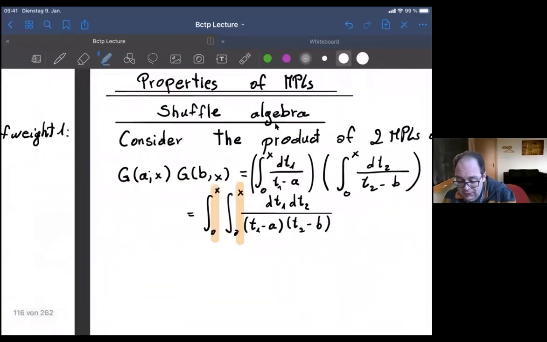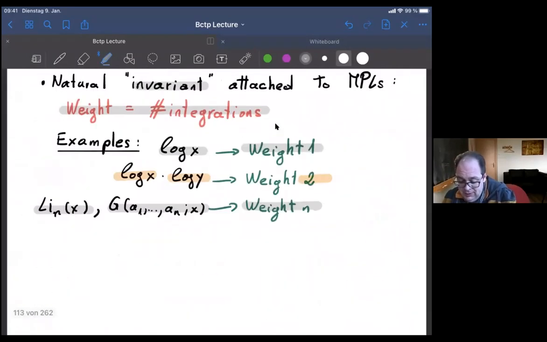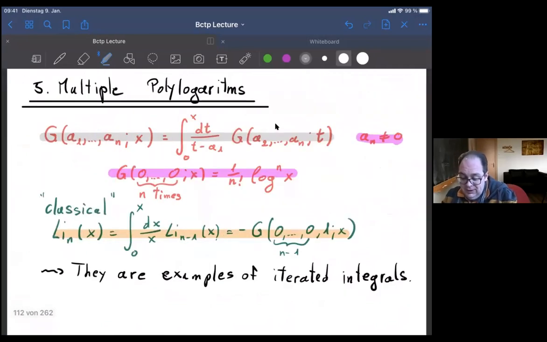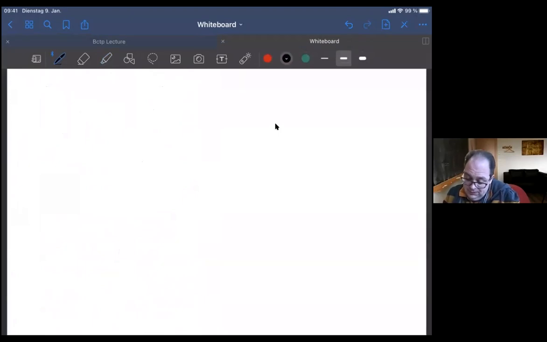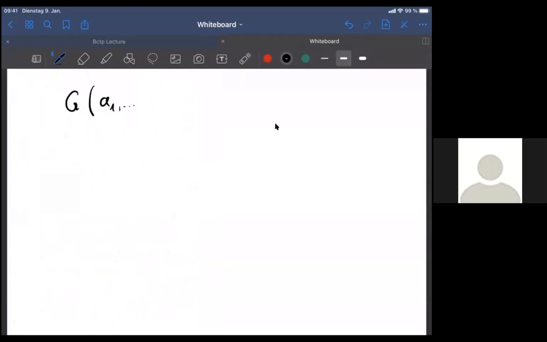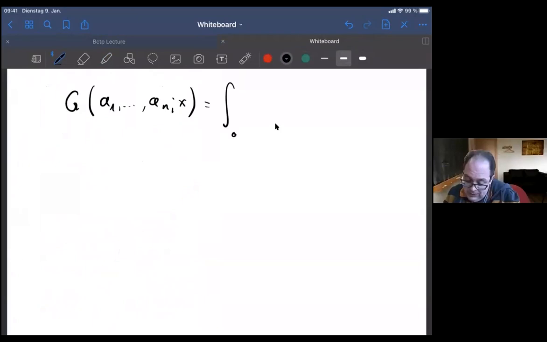But maybe just to put things into context. Here you see, my polylog is defined in the following way.